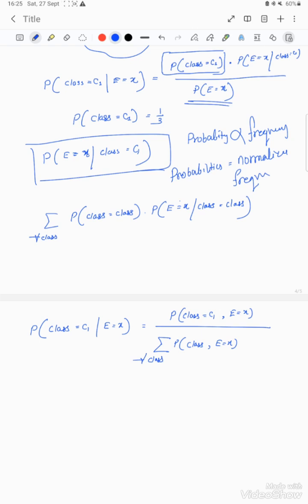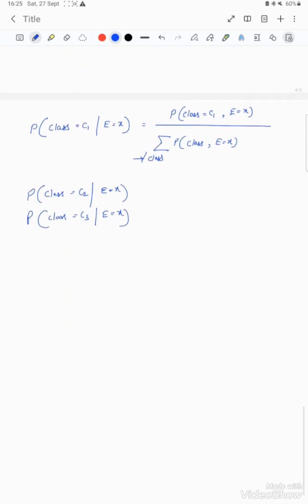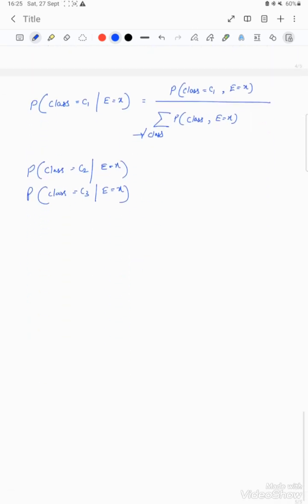In a similar way you calculate the probability of class C2 given E equal to X, and the probability of class C3 given E equal to X. Then you compare which has the highest probability value among these three, and that determines which class the evidence X goes to. So this is the simple idea of using Bayes theorem in machine learning.